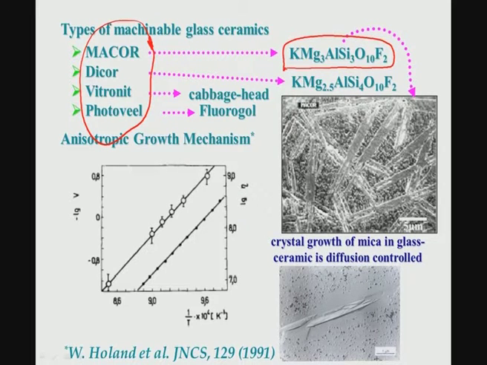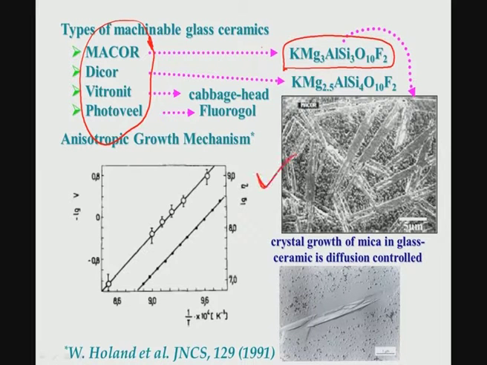Because the morphology depends on the kind of heat treatment you give to the glass matrix, and through this heat treatment you can tune the glass ceramic composition that is nucleated in the glass matrix, and you can also have some control over their morphology.